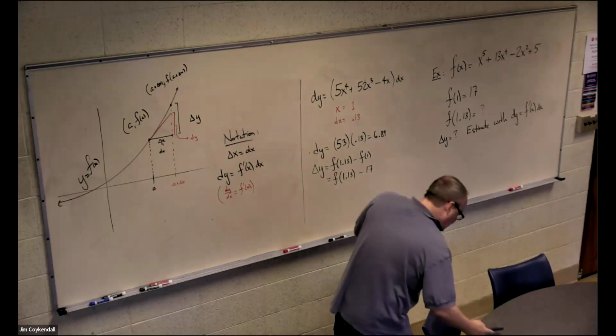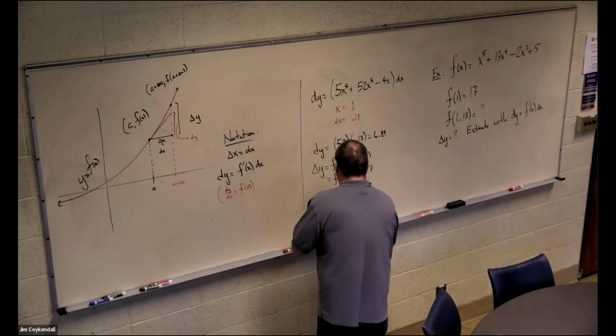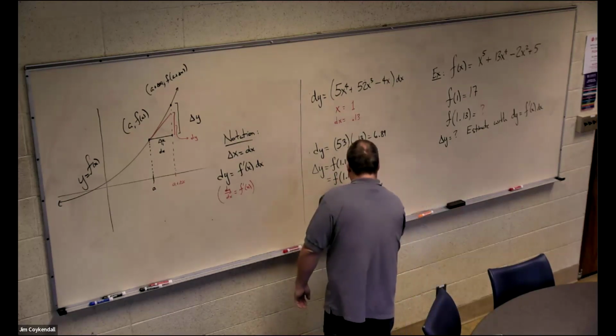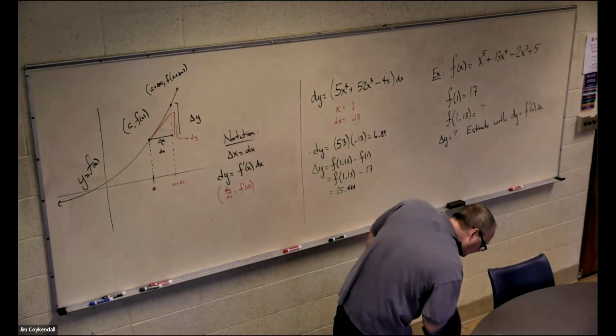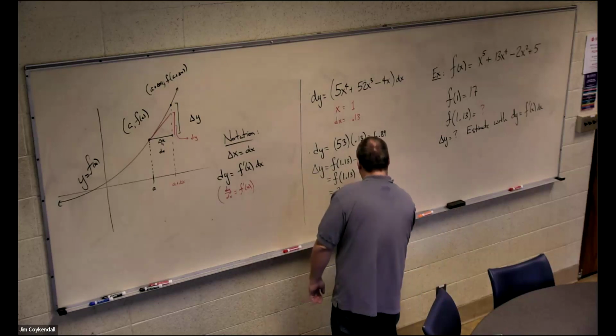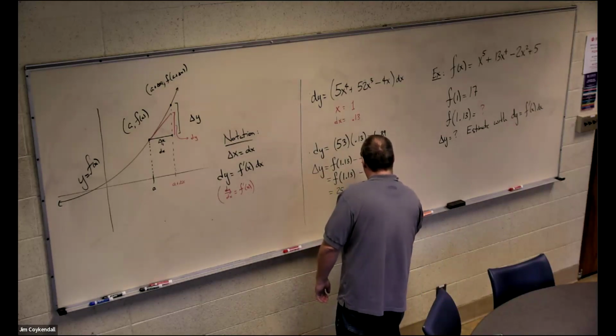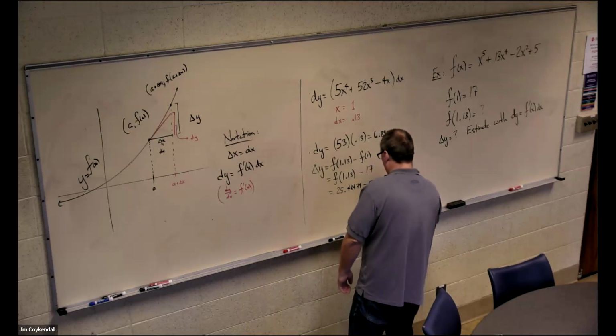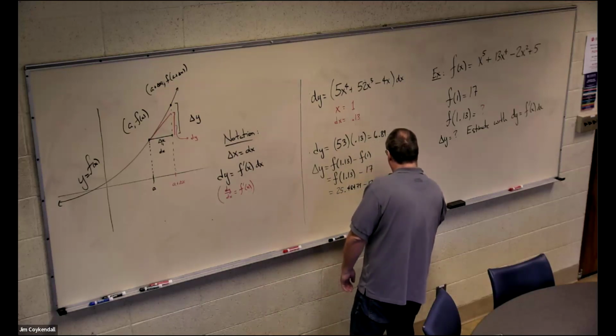So I get, if I did this right, 25.484 79 minus 17. So this is approximately equal to 8.48479.